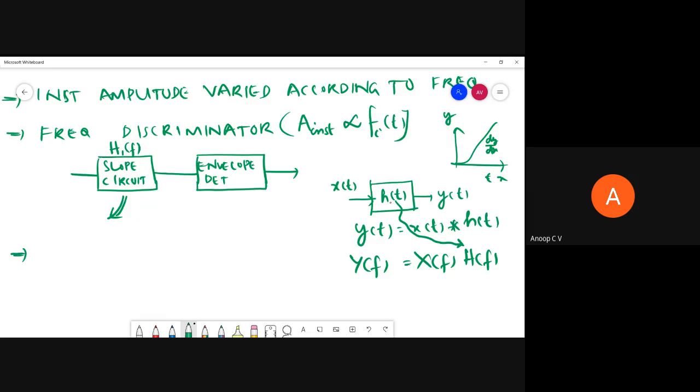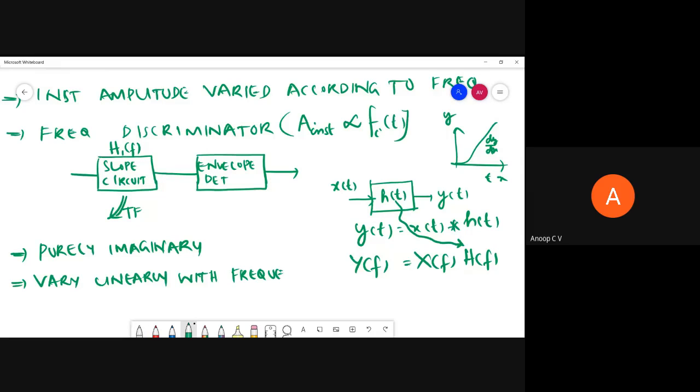The transfer function of the slope circuit should be purely imaginary, and it should vary linearly with frequency inside a prescribed interval. So these two conditions should be met.